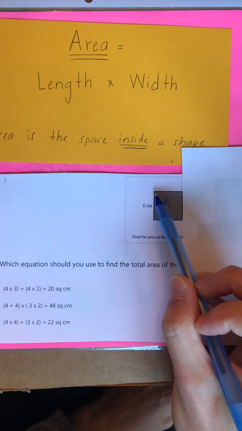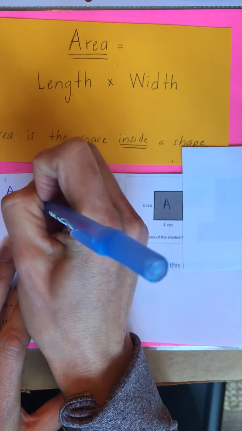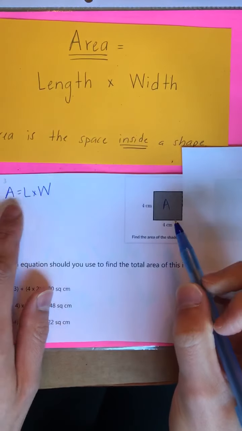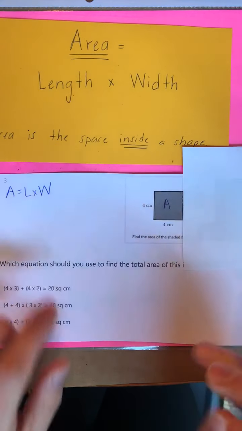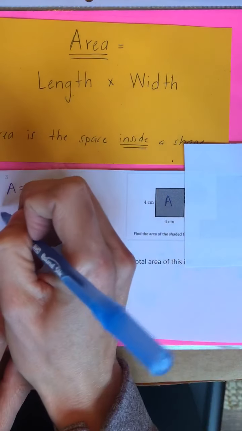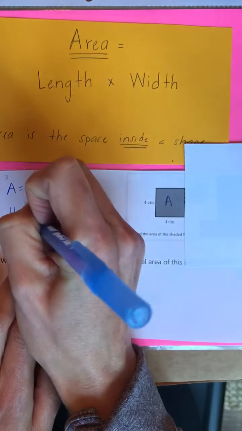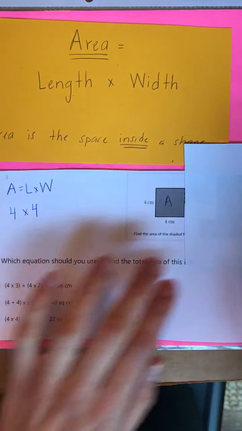Can you pause the video and write the equation for A? So area equals length times width. What numbers would you plug in for the length and the width? Press play when you're ready. Great job. You should have 4, right? 4 is my length times 4 because 4 is my width.